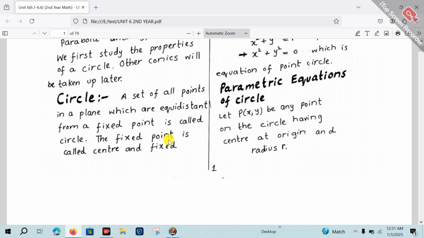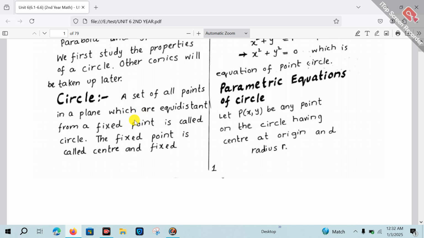So the first definition is of circle, and the second one is the center of circle. The center of circle is the point from where we are measuring the distance to its boundary. That fixed point is called the center of the circle. Again, recall the definition of circle. Circle is a set of points in a plane whose distance from a fixed point is constant.